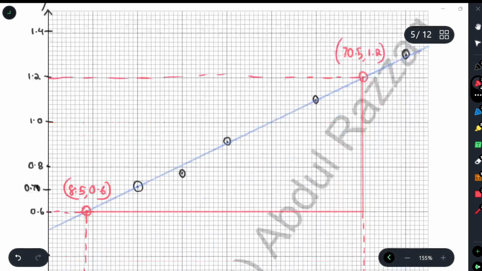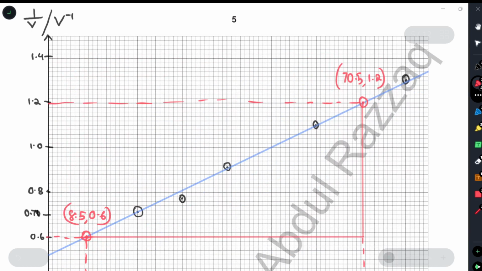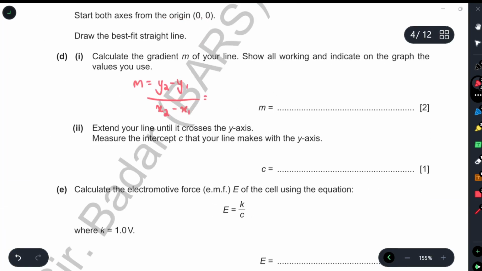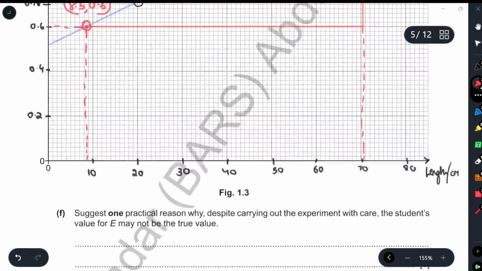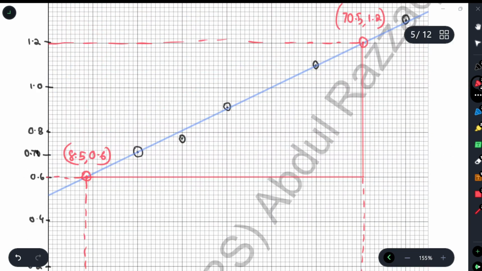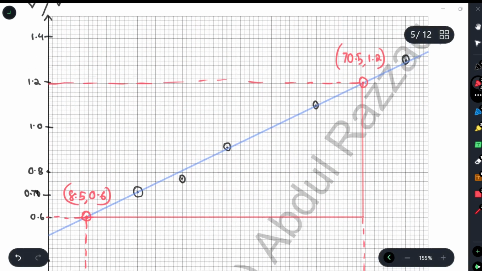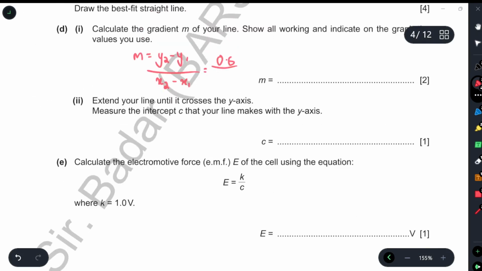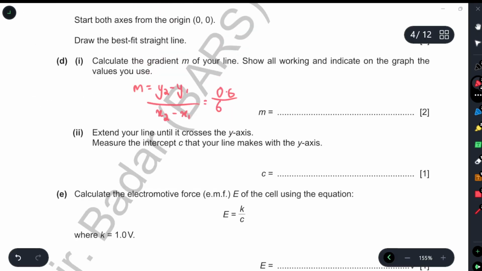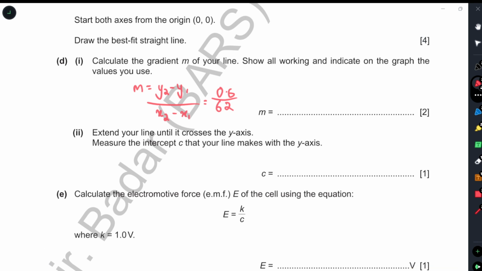So that right there should turn out to be 1.2 minus 0.6. So that's 0.6 up top. And we have 70.5 minus 8.5. So that's going to be 62, if I'm not wrong. ठीक है. अच्छा, अब let's use a calculator to figure out its value.